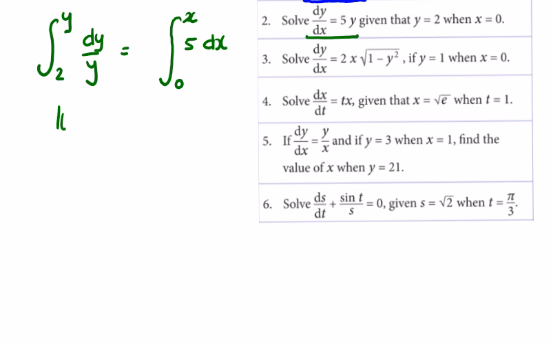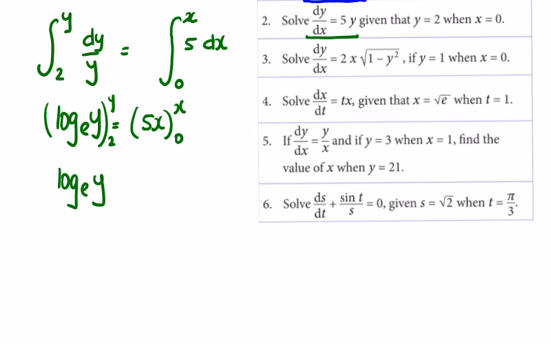So we're going to get the log of y to the base e between y and 2 equal to 5x, and x and 0 are our bounds there. So we get log of y to the base e minus the log of 2 to the base e is equal to 5x minus 0.